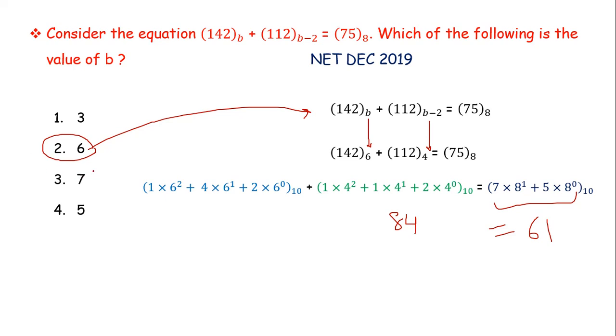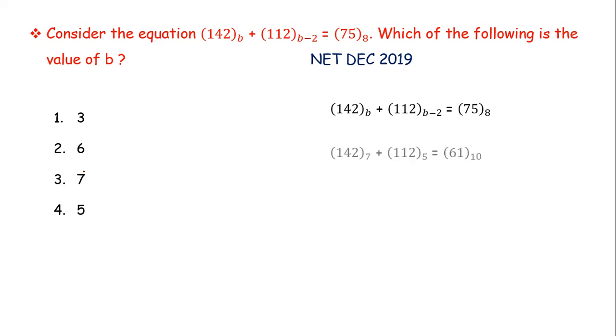Now we will take the next option, that is 7. So put the value of b as 7. Now the first term will have base 7, the second term will have base 5. Now on the right hand side, we have already converted 75 base 8 into decimal form. It will be 61 base 10.